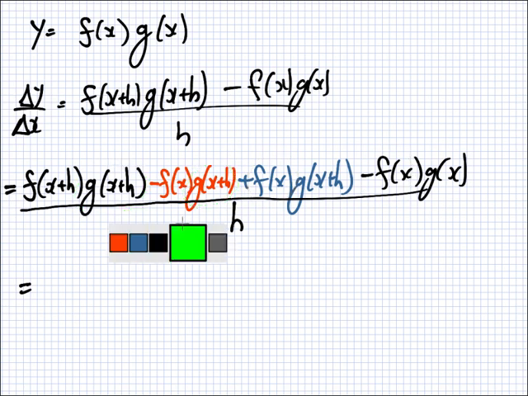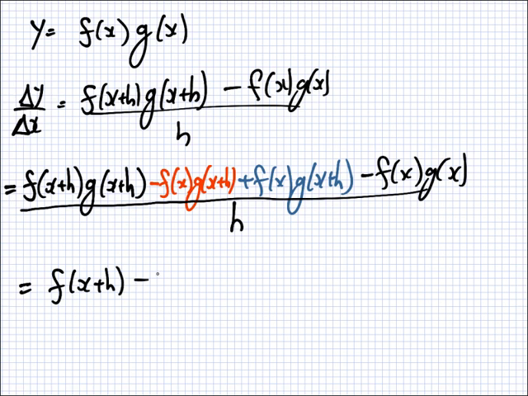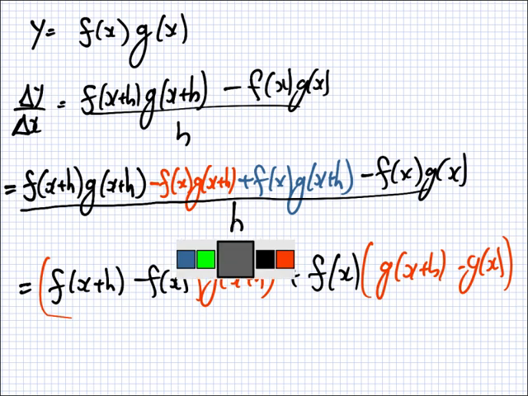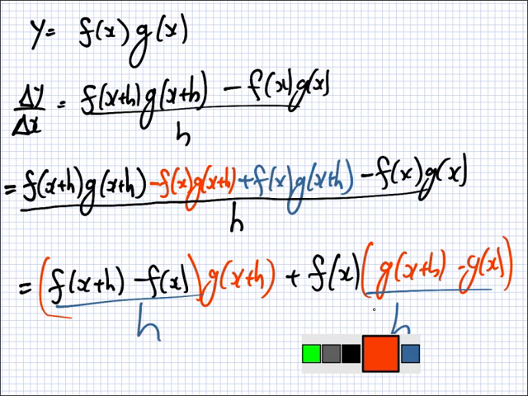So what I'll do now is I'll take out the g(x plus h) and put it at the back here. And here I'll take out in the front f(x), and then I'll have g(x plus h) minus g(x). And this is all over h, so this is over h, and this is over h.